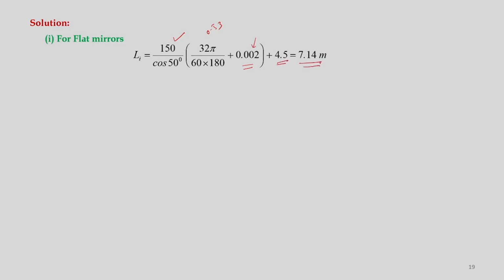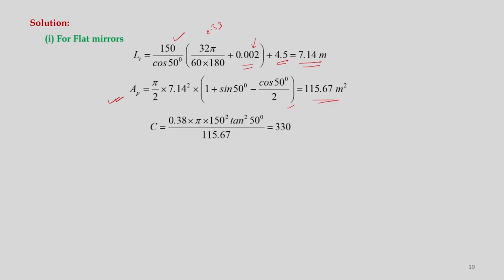Then we can calculate the size of the image when the mirror is flat. And also we can calculate what will be the area of the absorber by using the expression proposed by the researcher. Okay. So, we can substitute those values of Li here, and we can calculate, and it is found to be 115.67 meter square. Okay. And if we calculate this concentration ratio, it is found to be 330, right.